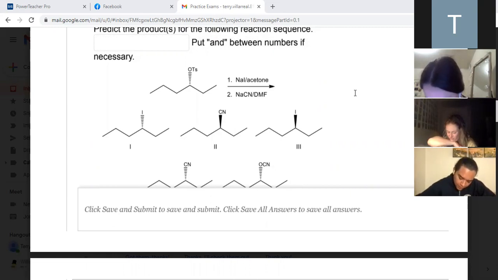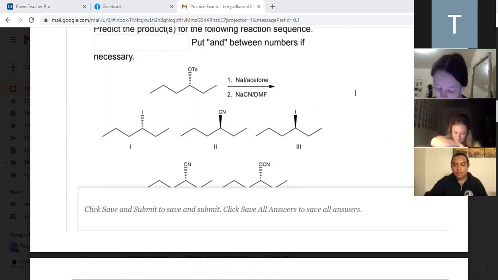Okay. Do you guys have an answer? I feel like 3 is one of them, but I'm not sure about the second part of the problem. Well, you have to predict the products for both steps. So the ending product. You don't care about the intermediate. You just care about what your final product is.